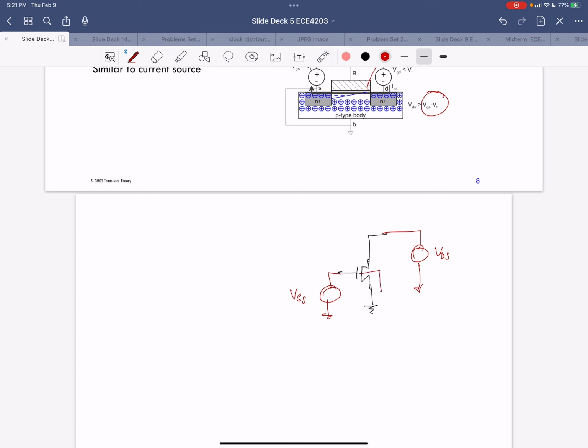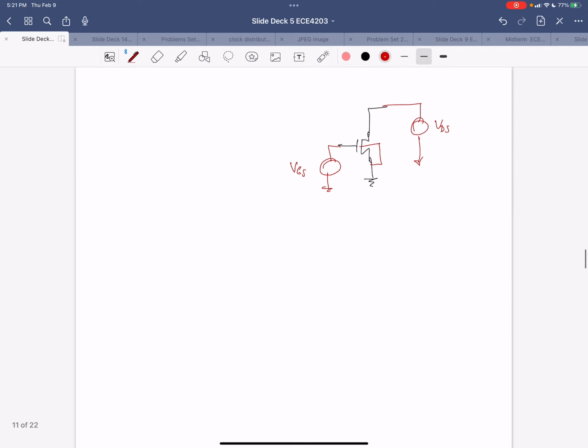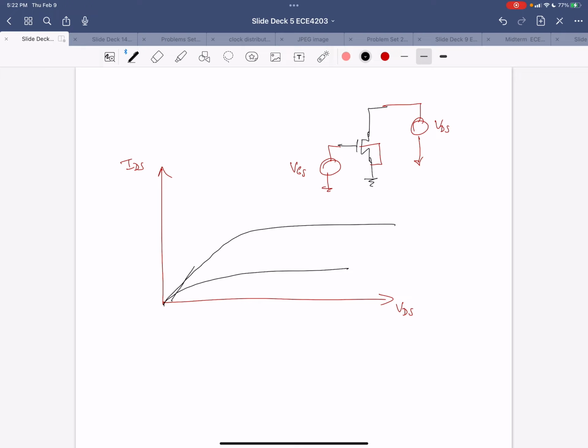We're connecting the source to the substrate. What you should be doing for your project is stepping through gate source voltage, and for each gate source voltage, sweeping the VDS. So you're going to get a family of curves. For the NMOS, if you plot VDS versus IDS, for each different VGS, you'll get a different curve.